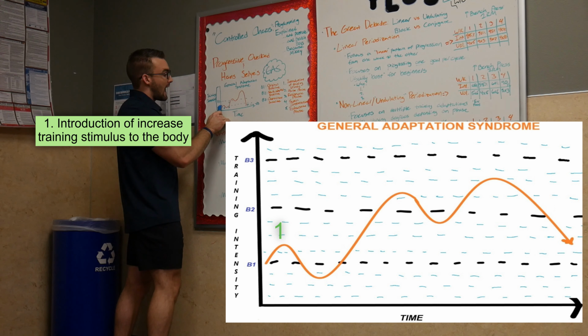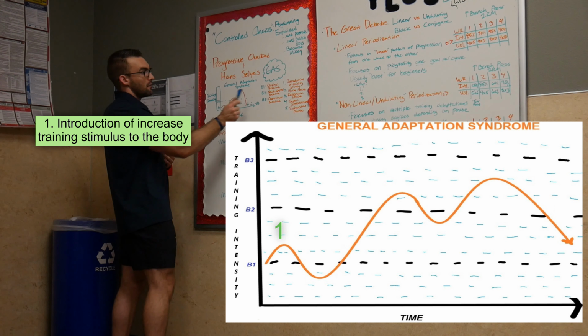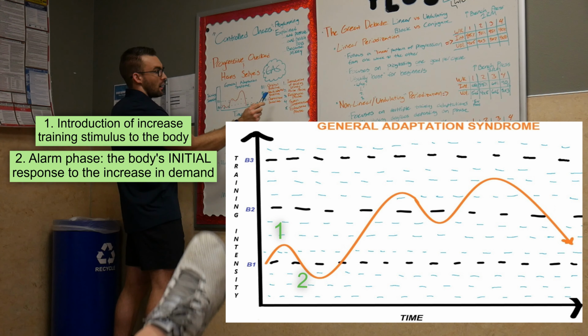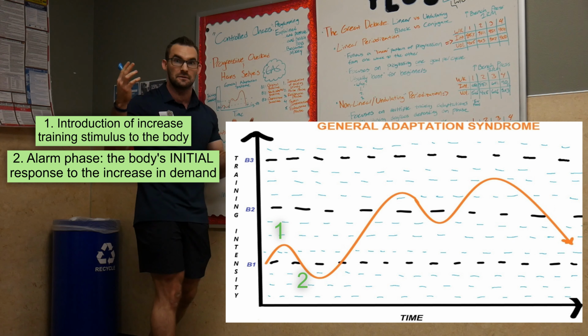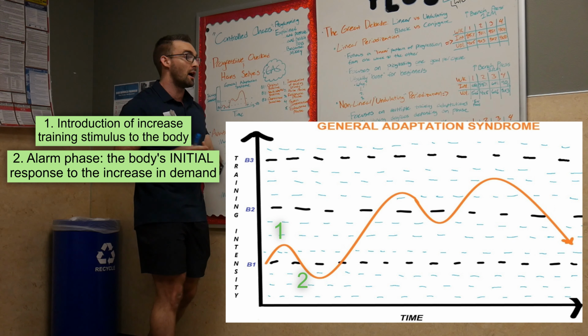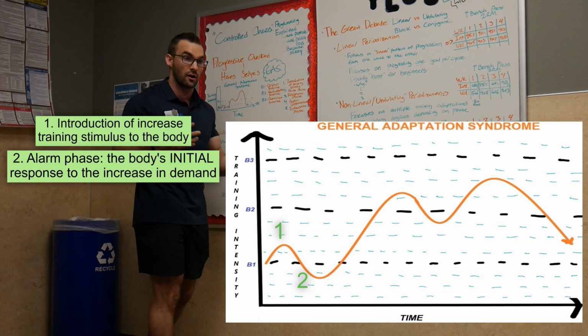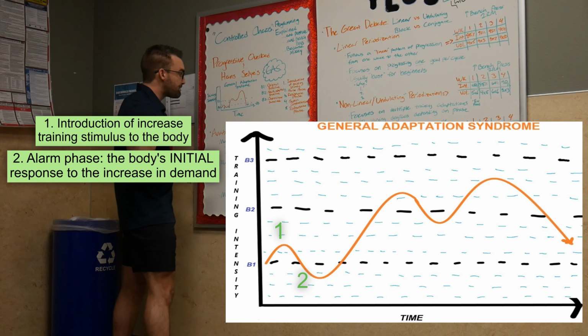And as it starts to train through that, in the following hours, let's say the next day, we run into point number 2 as this curve starts sloping downwards. This is called the alarm phase, where the body has just been punched in the face and, whoa, I never felt this before, I have no idea what's going on, I need to figure this out so I don't get hurt and don't let this happen again.